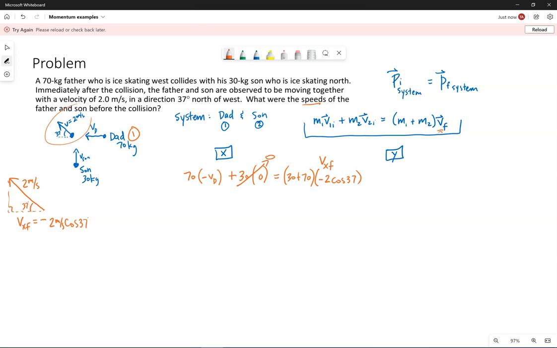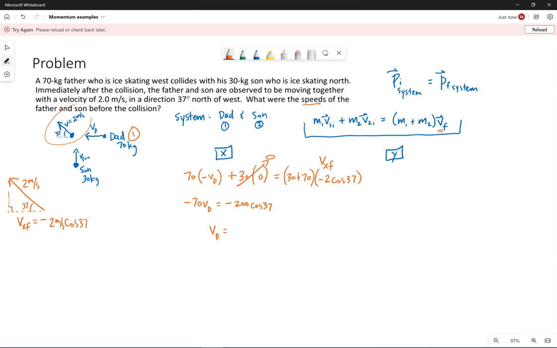Okay, so coming up to our basic equation, V final, this is specifically the x component. So right now we have negative 70 times the speed of Dad. The negative sign accounted for the direction. Let's see, 30 and 70 is 100, so minus 200 cosine 37. We can solve for the speed of Dad right here. The negative signs will cancel. Times the cosine of 37 divided by 70.